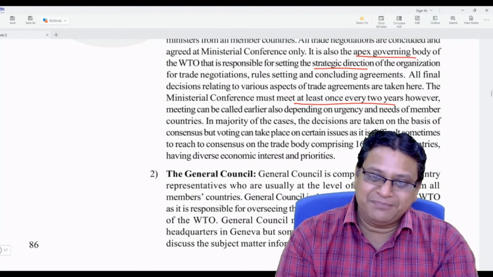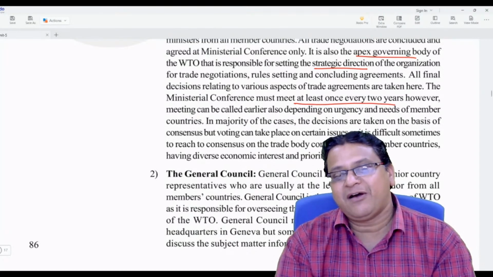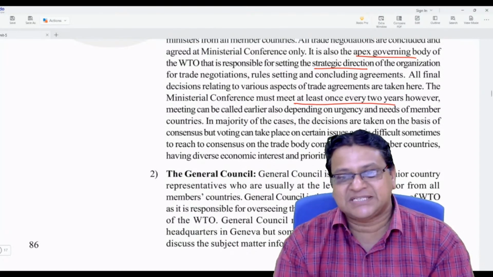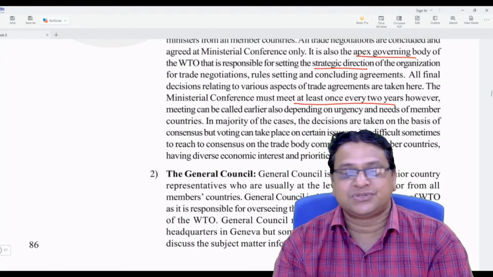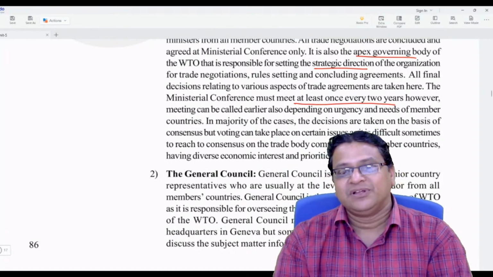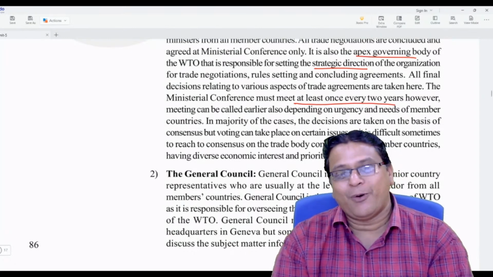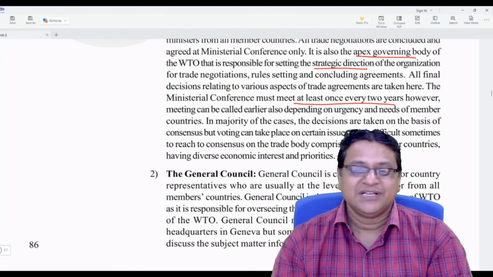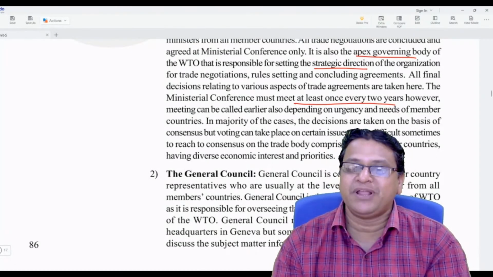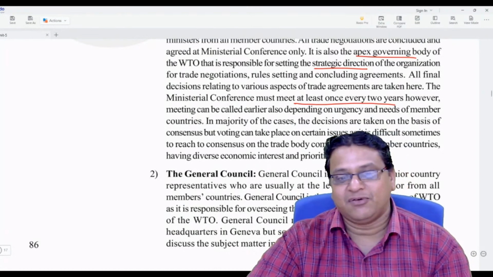This conference frames rules and regulations for international trade, but they only frame the strategic rules, the strategic direction. They do not frame the operational rules. The operational rules are discussed under the General Council, but the highest decision making body of WTO is the ministerial conference.